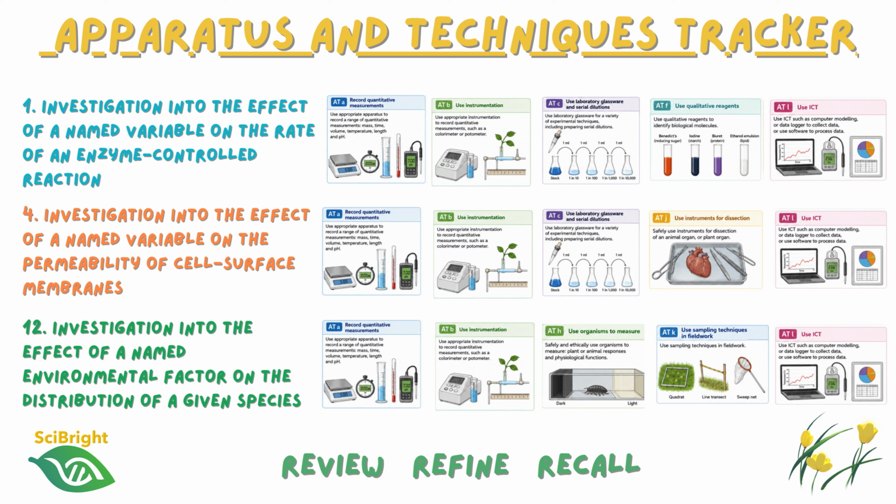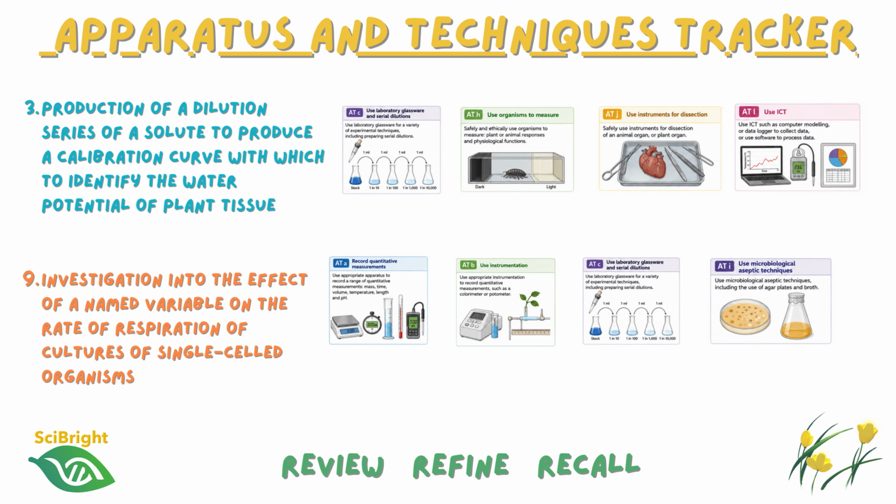And if you look at the different skills that these 3 practicals cover, we've already covered 8 out of our 12 from our apparatus and techniques tracker. Covering the next highest number of skills is our potato osmosis practical, number 3, and our rate of respiration practical, number 9. Each of these covering 4 skills from the list.